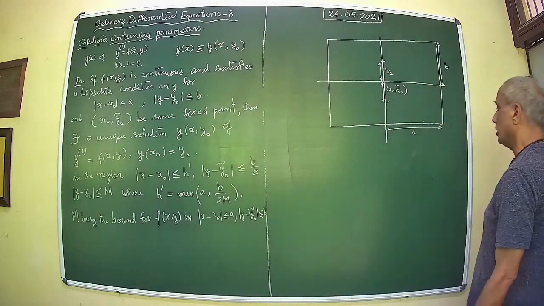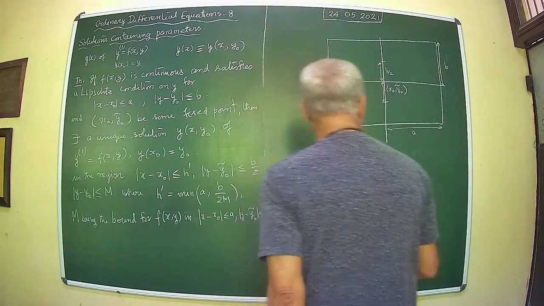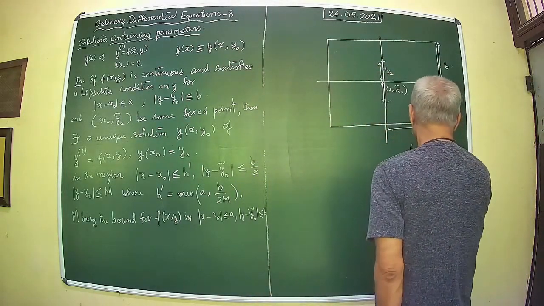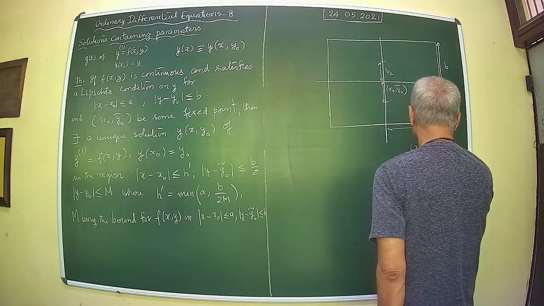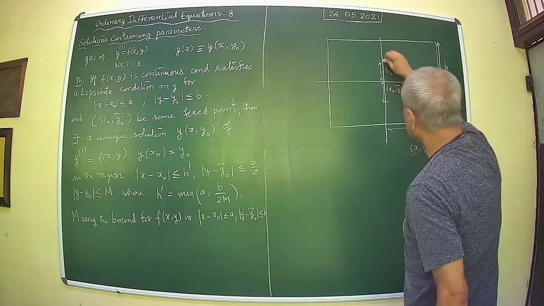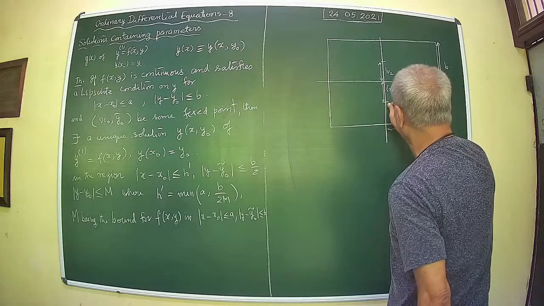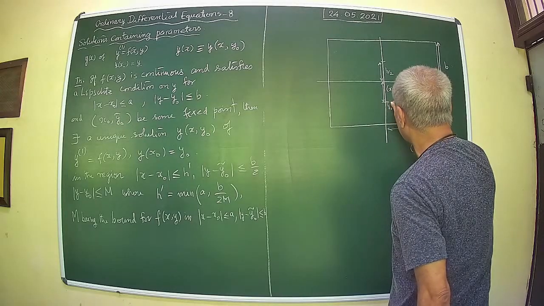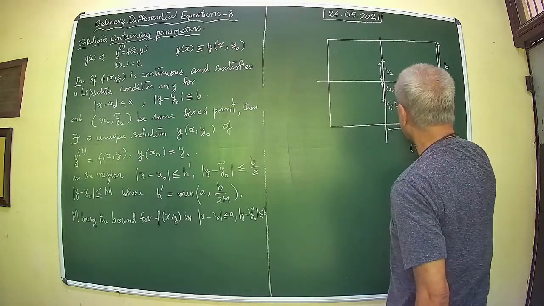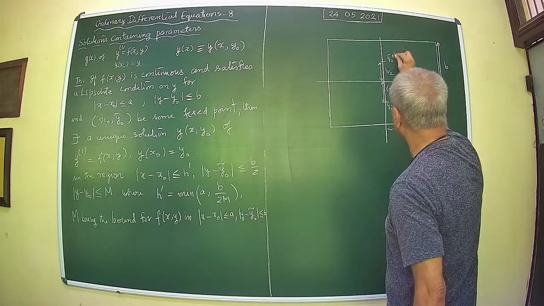Okay, so your initial data, that is y naught, is lying on the segment from y naught tilde minus b by 2 to y naught tilde plus b by 2.